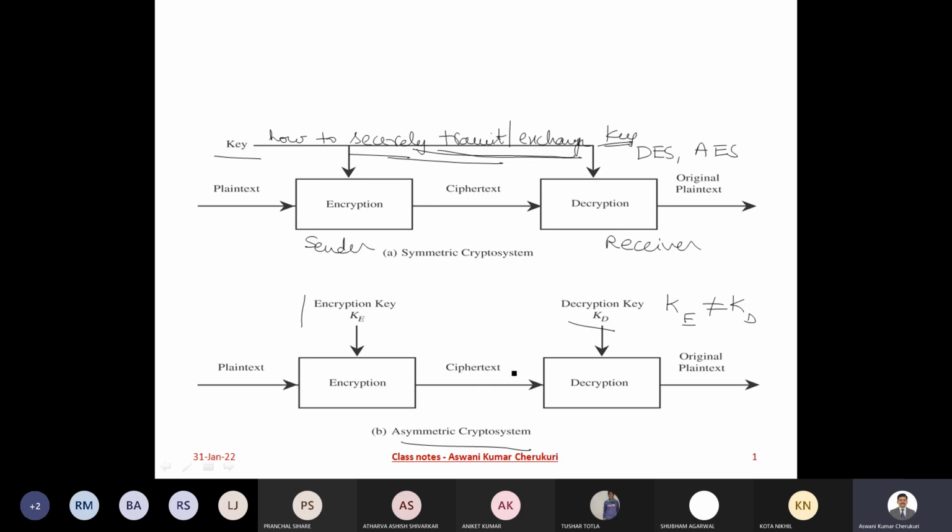The only advantage that asymmetric crypto systems have over symmetric is that you do not have the burden of exchanging the key. That's the only advantage that you are able to achieve. So you cannot compare that symmetric is less secure and asymmetric is more secure, or vice versa. No. Okay, so please do not come to such conclusions. Are you able to follow what we are discussing?